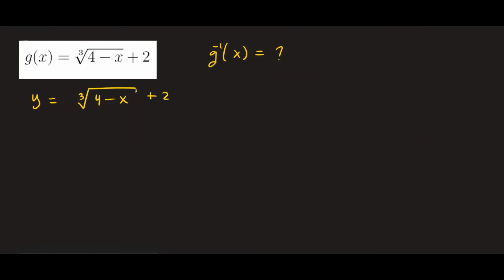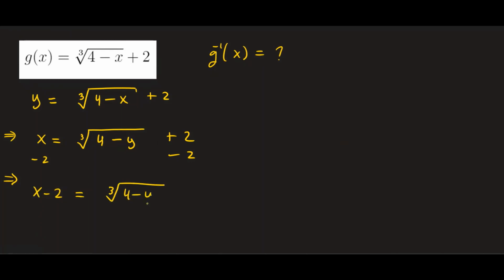And then we interchange x and y. So we have now x is equal to the cube root of (4 minus y) plus 2. And next we're going to solve for y. So let's go ahead and subtract 2 first from both sides. So that gives us x minus 2 is equal to the cube root of (4 minus y).